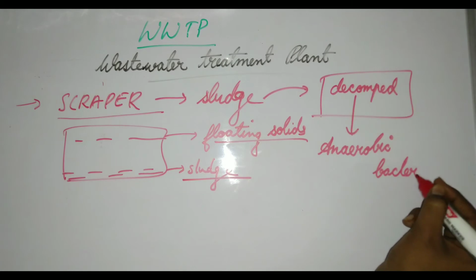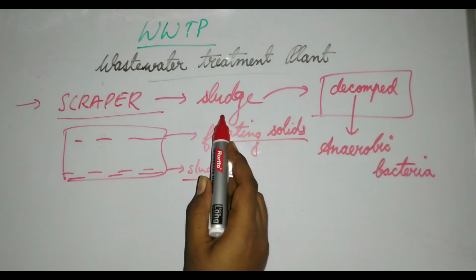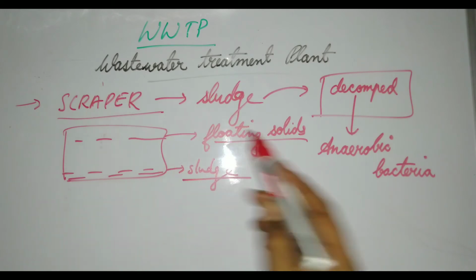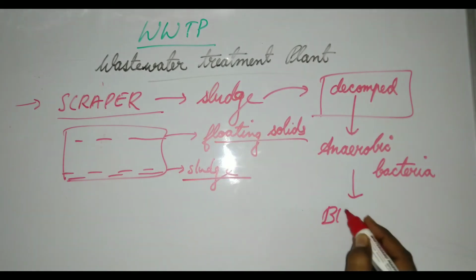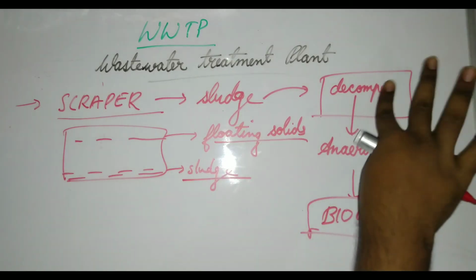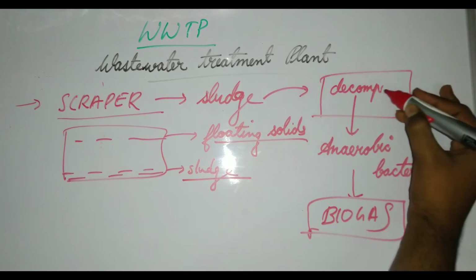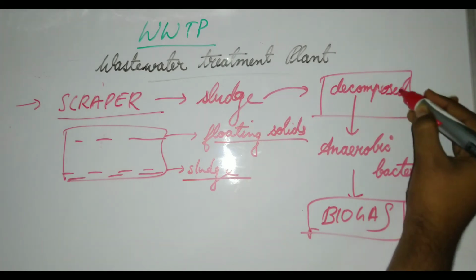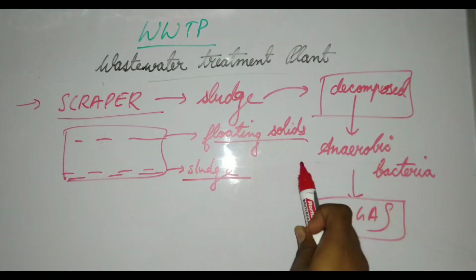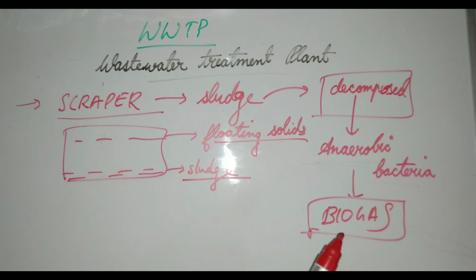So anaerobic bacteria will convert the sludge material into what? Biogas. Remember this. So they will convert the sludge into biogas by the anaerobic bacteria, which are already present in that tank.